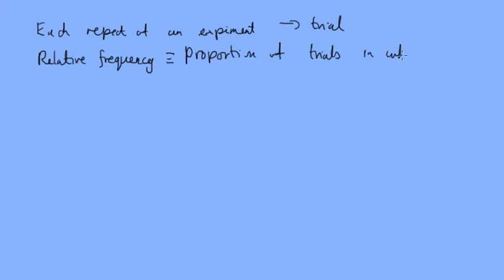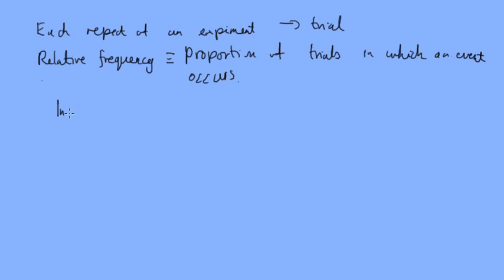We can use this to estimate the probability of that event occurring. If we know the probability of an event occurring, we can estimate the number of times it is likely to occur in a series of trials. And this is a statement of our expectation.